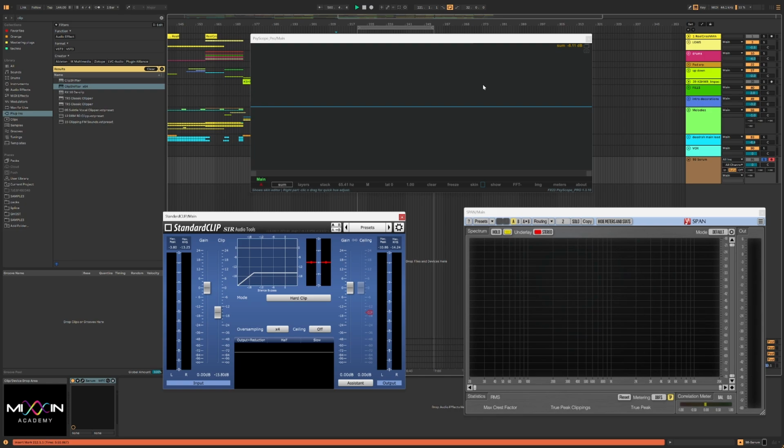Now, you might ask yourself, why don't we use clippers then and not limiters? Well, a clipper is going to produce distortion much quicker. Meaning that once you use a clipper, the amount of gain reduction you can do, on certain frequencies as well, is much smaller than what you can do with a limiter.